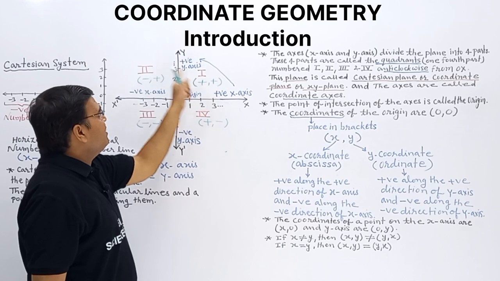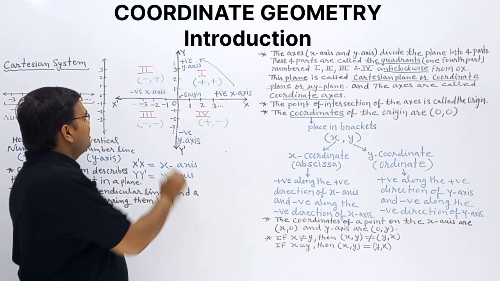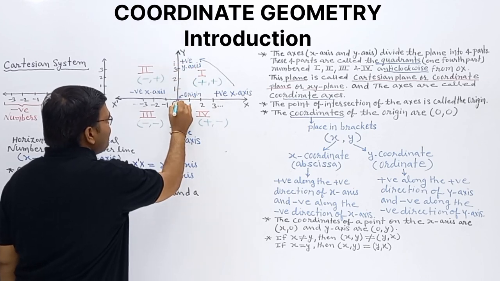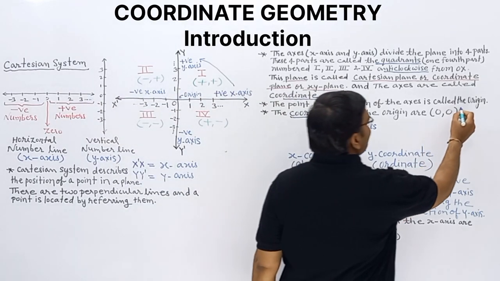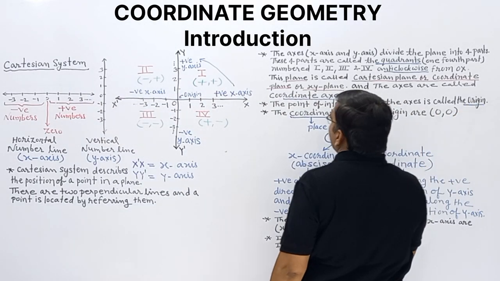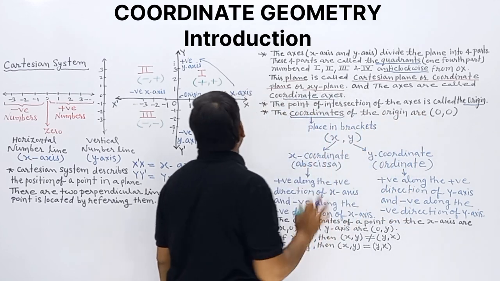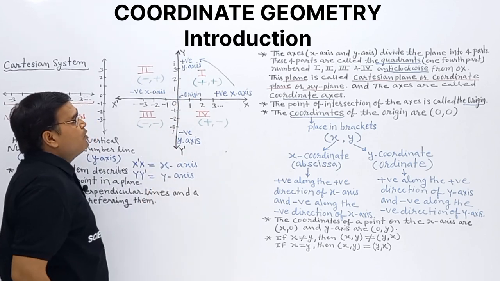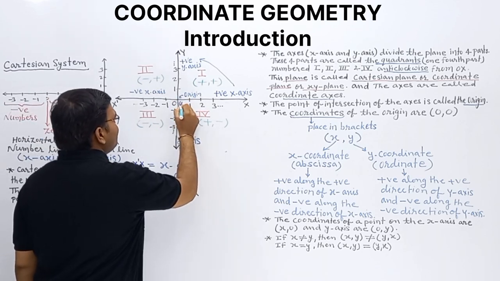The point of intersection of the axes is called the origin. We have two axes, the x-axis and the y-axis. This is the x-axis, this is the y-axis, and the intersection point is this one, and it is called the origin. And the coordinates of the origin are 0, 0.